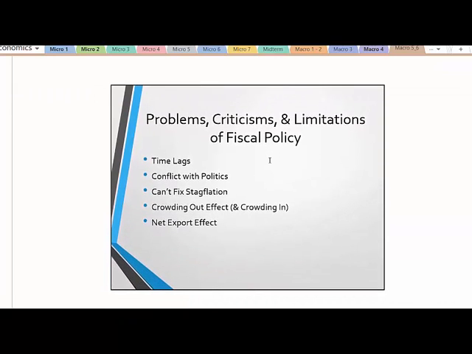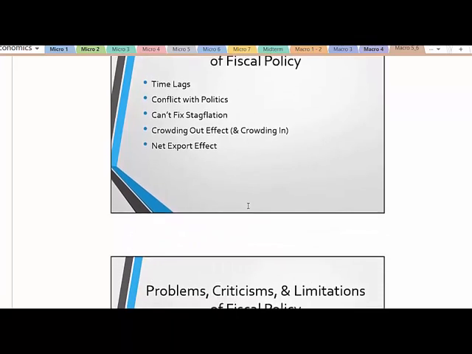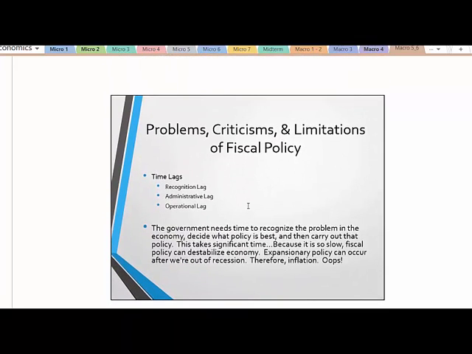And that ties into some of these other issues that we have with fiscal policy, including time lags. There's conflicts because we're talking about politics here. The fact that it doesn't really address stagflation. And then the last one is going to be the net export effect, which I'm going to explain in a minute. But first, time lags are going to be the chief issue or the chief limitation of fiscal policy.